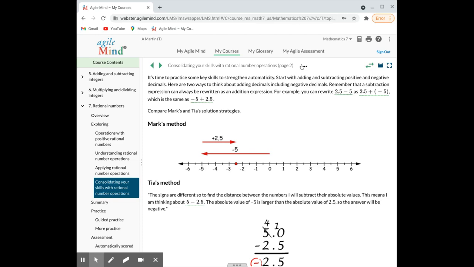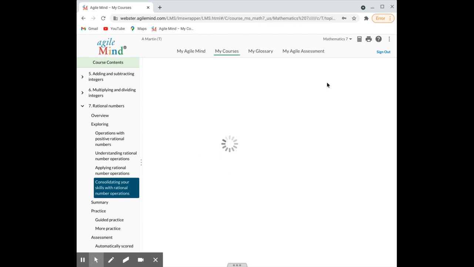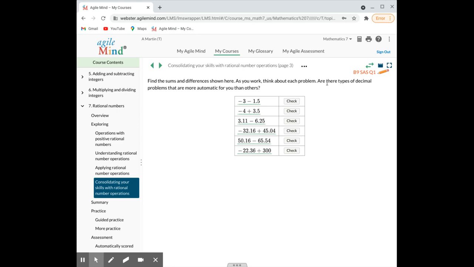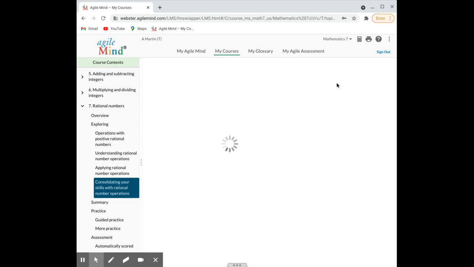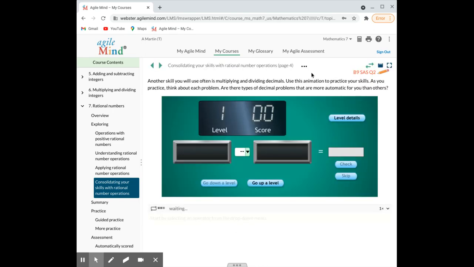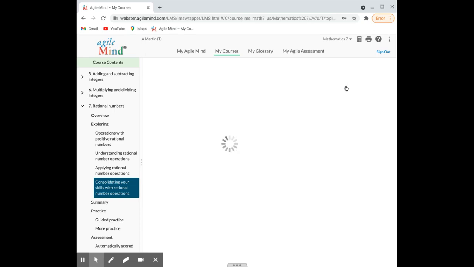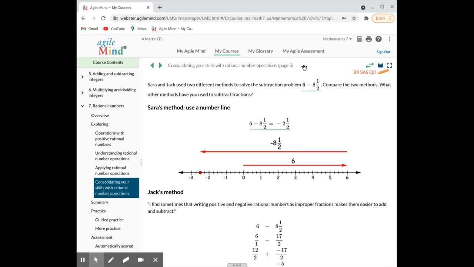All right, so what I want to look at is I really want to look at our question right below on that page 215. I'm trying to see if I can find it. Now we remember using a number line.